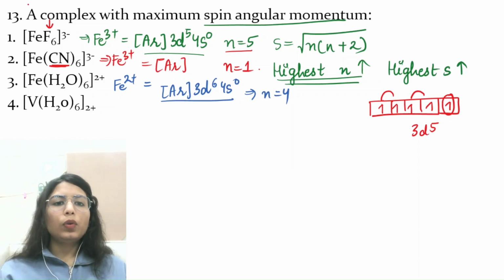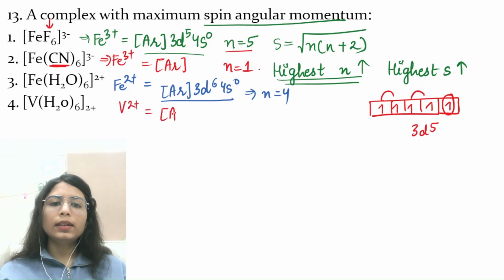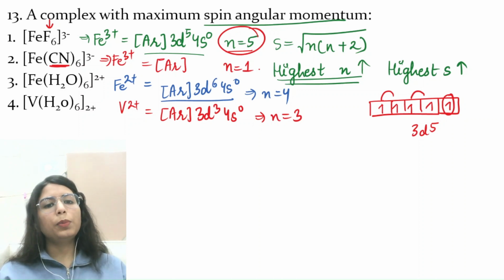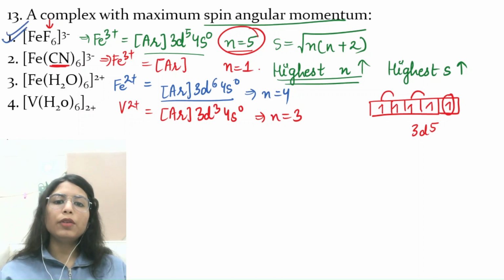Next, if I talk about vanadium 2+, vanadium 2+ is argon 3d3 4s0, right? So here the number of unpaired electrons is 3, so the highest unpaired electrons are present in the first case, that is why it will have the highest spin angular momentum, and hence the correct choice would be my first one.